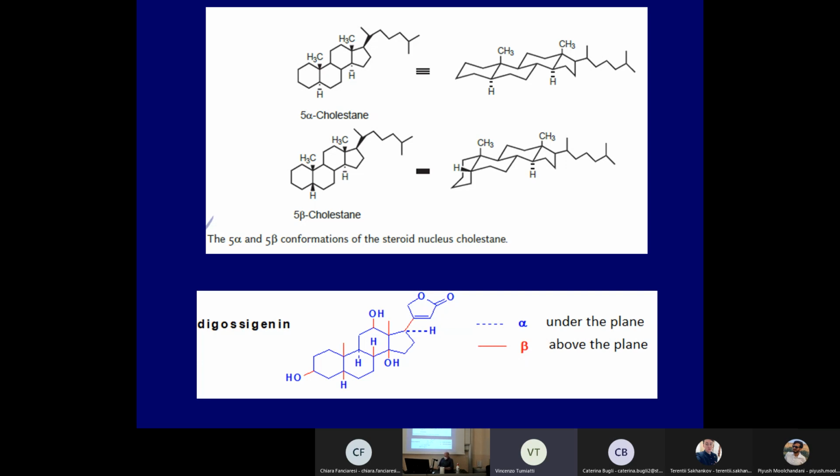This is the chemical structure of gitoxigenin. It's a toxic natural compound used for the treatment of heart troubles. Digitalis purpurea. Do you remember the name of the plant? Digitalis purpurea is very famous and very toxic.